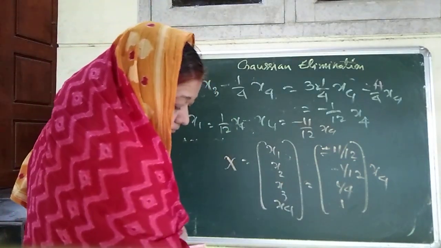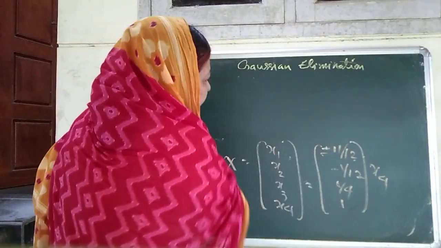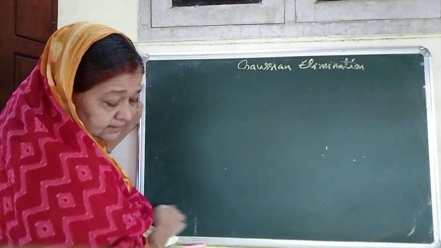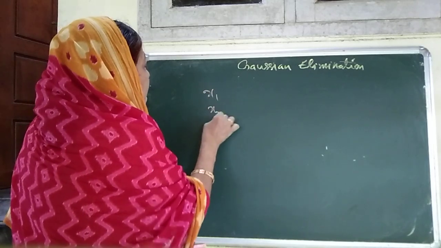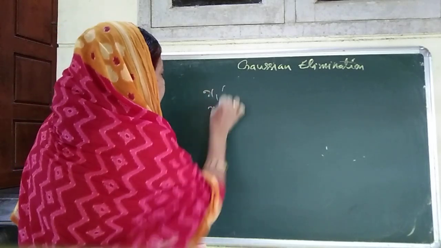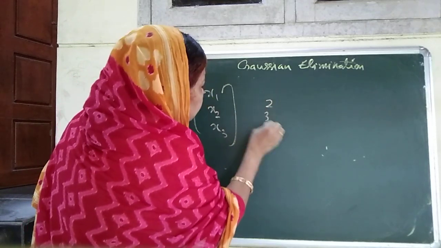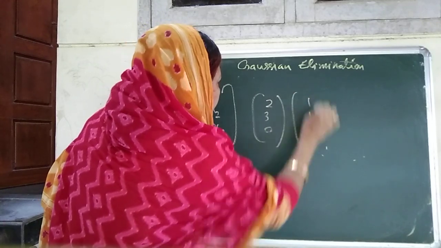Then we have another example. Find a non-zero vector x1, x2, x3 in R3 which is orthogonal to (2, 3, 0) and (1, 1, 1).